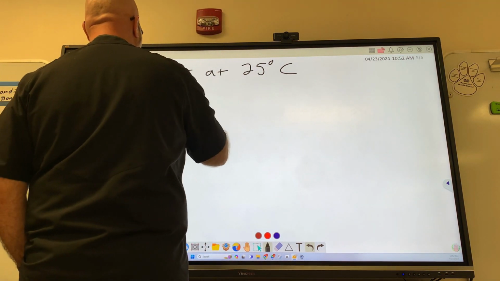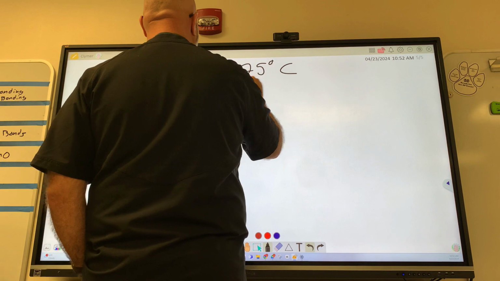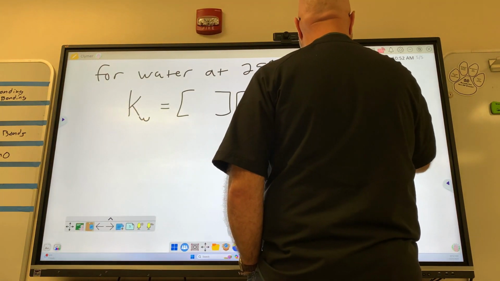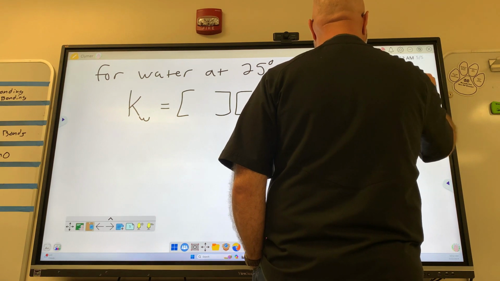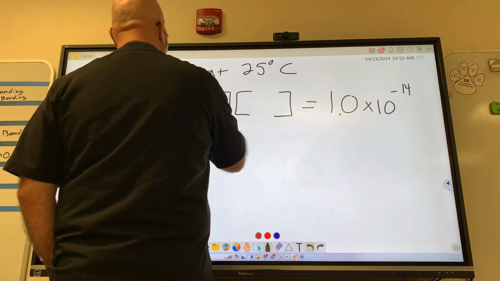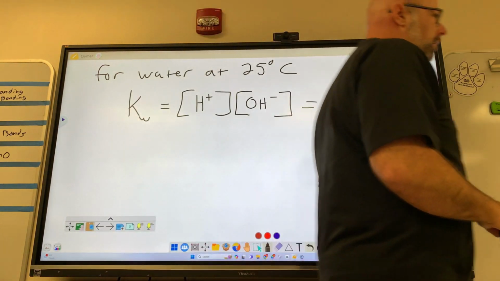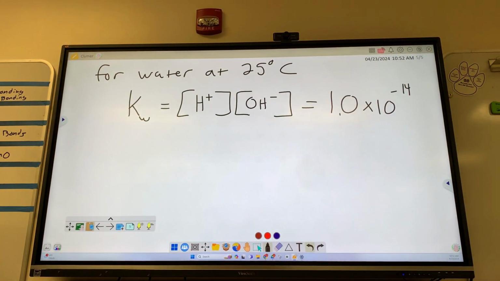Now hang tight with me here. Square brackets is a shortcut for molarity. So what am I saying in this formula?